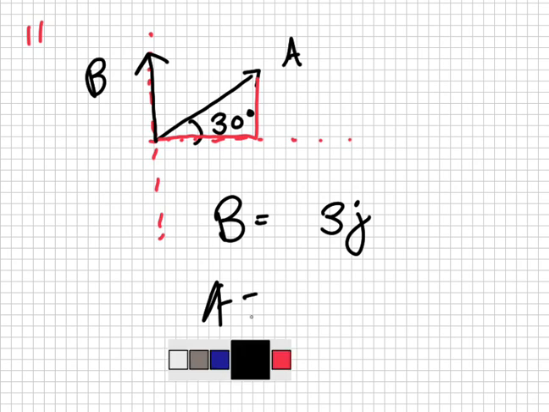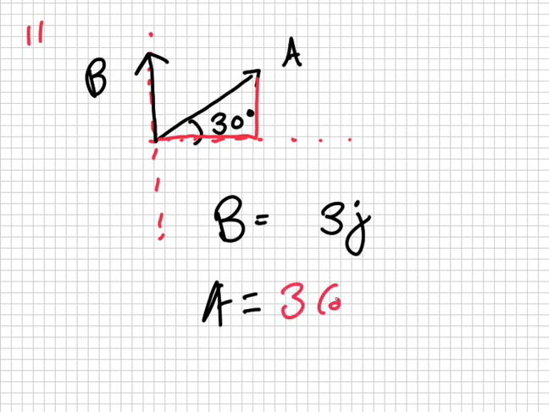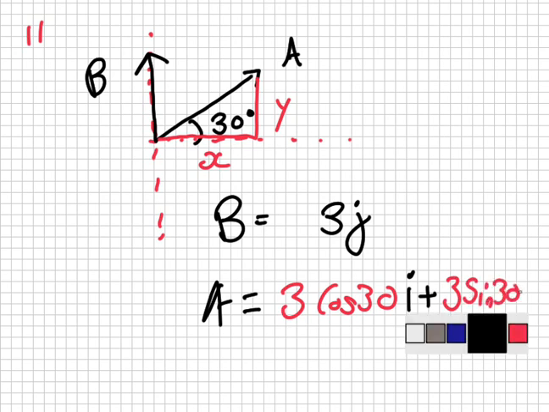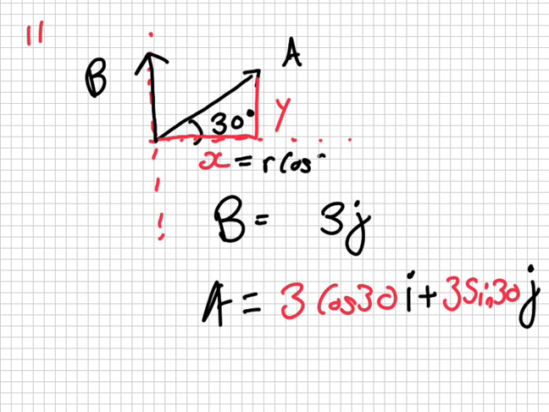Not quite that. What'll happen is A will be 3 cos 30 i, that's the x, and that's the y, plus 3 sin 30 j. And we're using the formula I gave you yesterday: x is r cos theta, y is r sin theta.